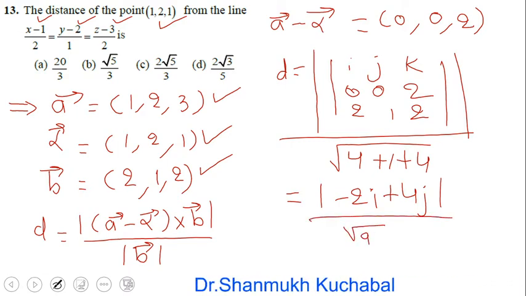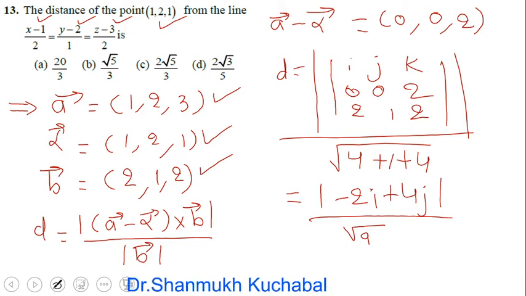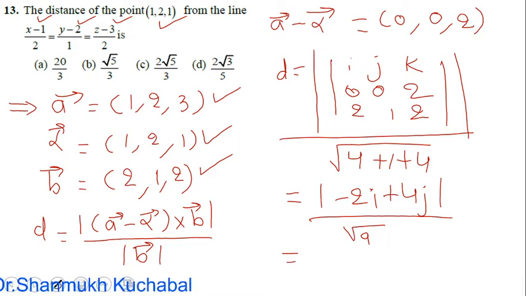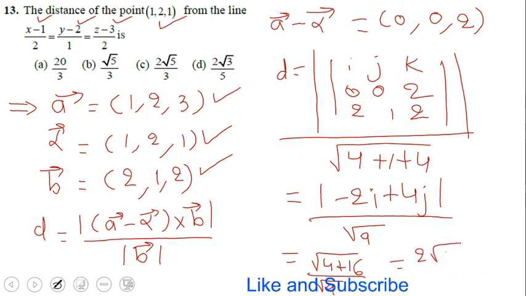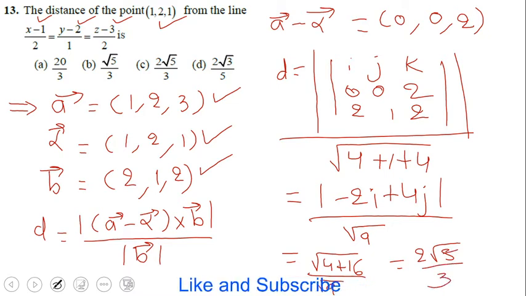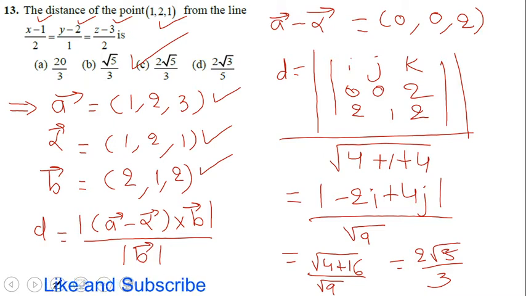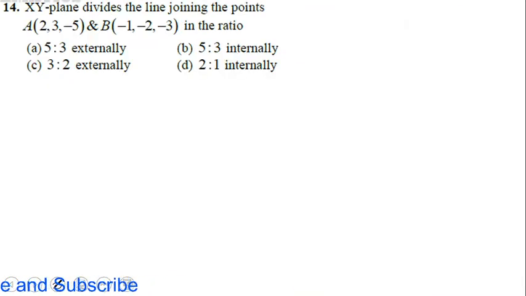Then the magnitude of minus 2i plus 4j is the square root of (i coefficient squared is 4, j coefficient squared is 16), whole divided by root 9. On simplification we get 2 root 5 divided by 3. So clearly option C is the right answer here. Okay, we'll move to our next example.